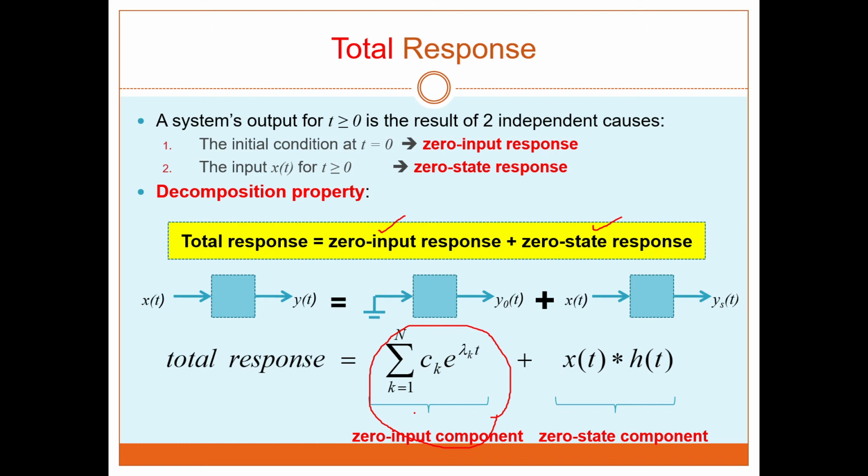For the first type, we have one value of lambda and c_k. It can also be multiple, plus c t e^(λt), depending on whether the characteristic roots are real or imaginary, different or the same. And the zero state response depends on the convolution integral.